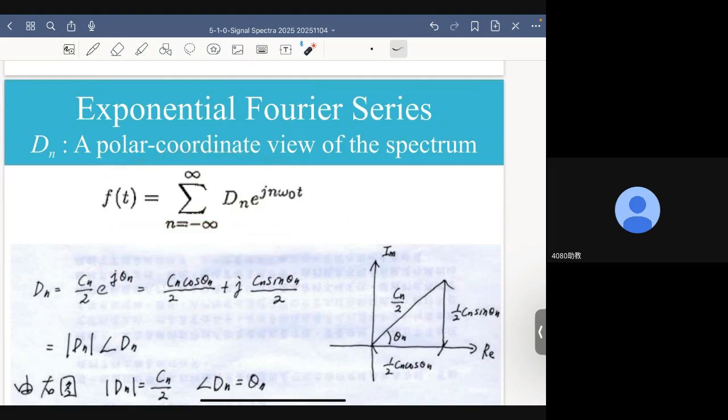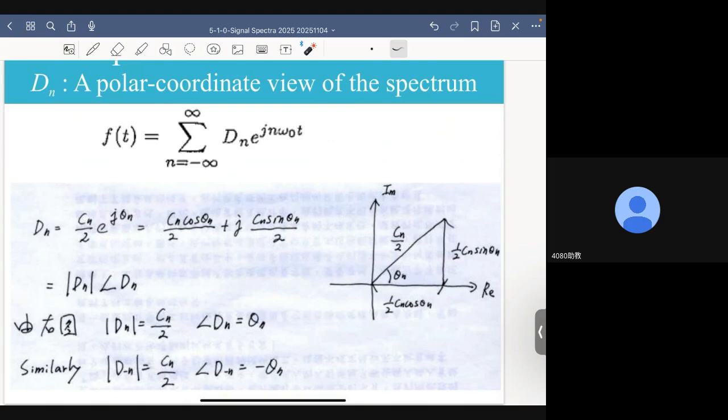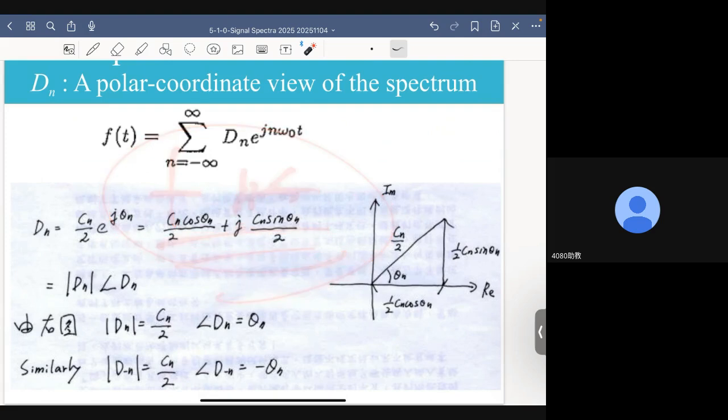And the simple answer is there is no such thing as negative frequency. It simply does not exist in the real world. Why? Because if you look at the definition of frequency, what does frequency mean? If we represent frequency in hertz, frequency means the number of periods per second.